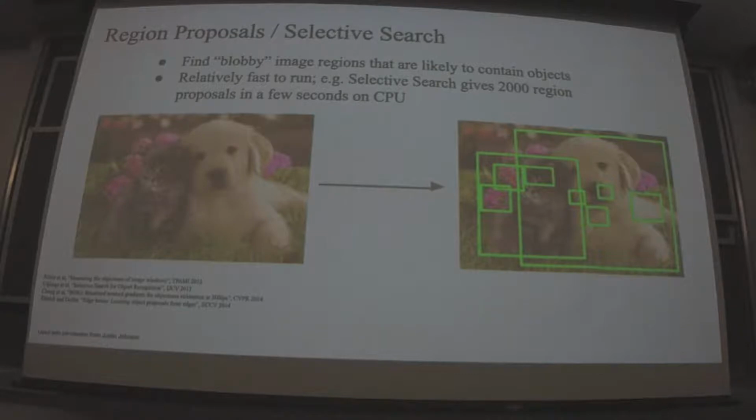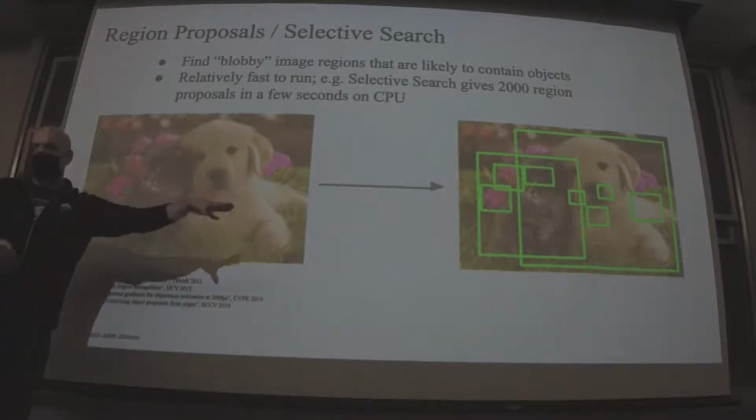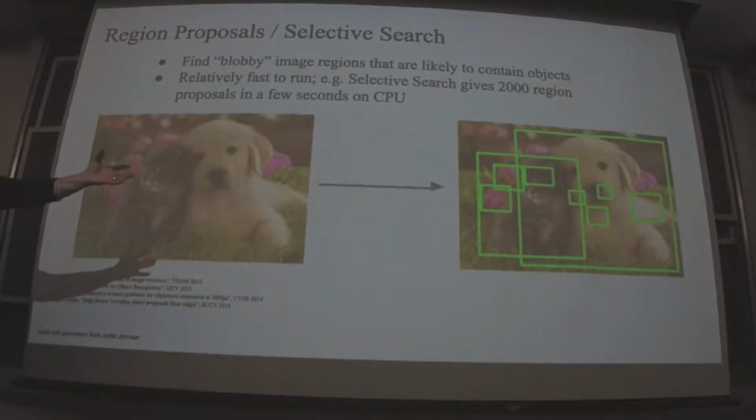Okay, so that's one of those steps here. Can anybody see a challenge that we're going to face doing this, if now what we want to do is classify what's in those boxes? Box could have two things in it. Yeah, could have two things in it.